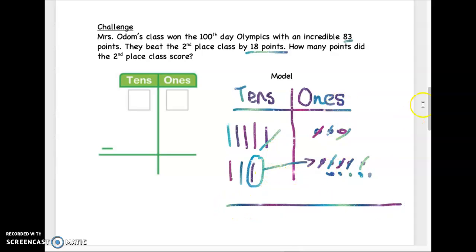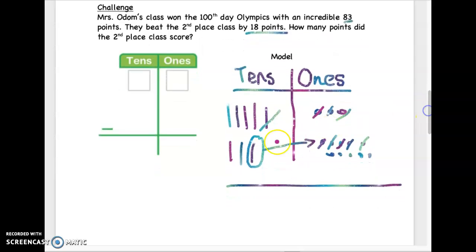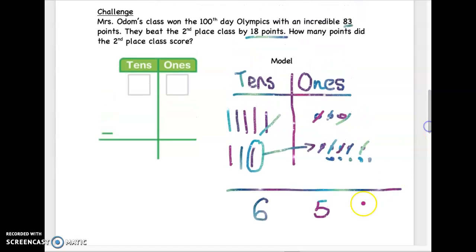To find my answer, I'm going to count how many I have left, the ones I have not crossed out. So I have 1, 2, 3, 4, 5, 6. I have 6 tens, and I have 1, 2, 3, 4, 5. 5 ones. Looking at my difference that I got here, I think that the second place class scored 65 points.